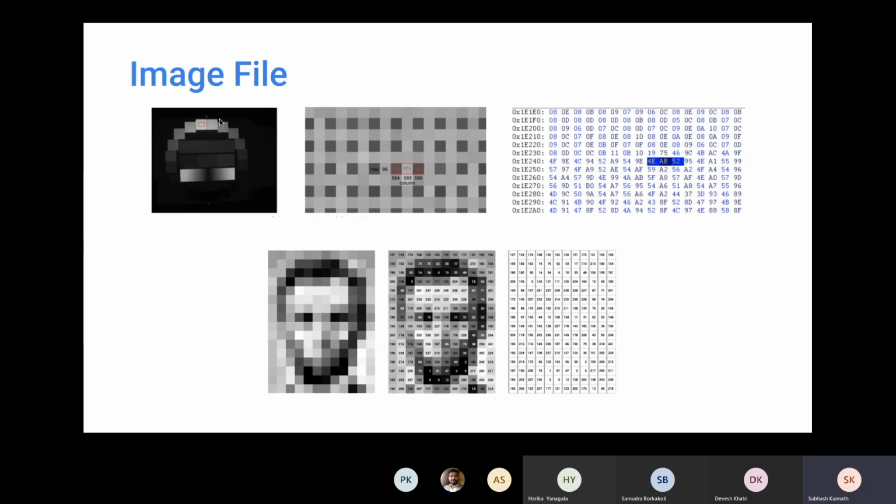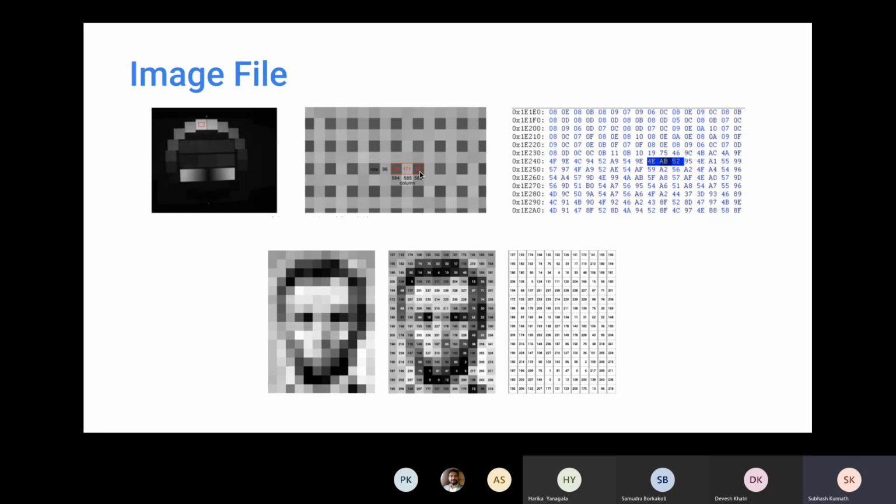So this is a grayscale image which only contains shades of gray, and this red portion is magnified here, and you can see three values: 78, 171, and 82.